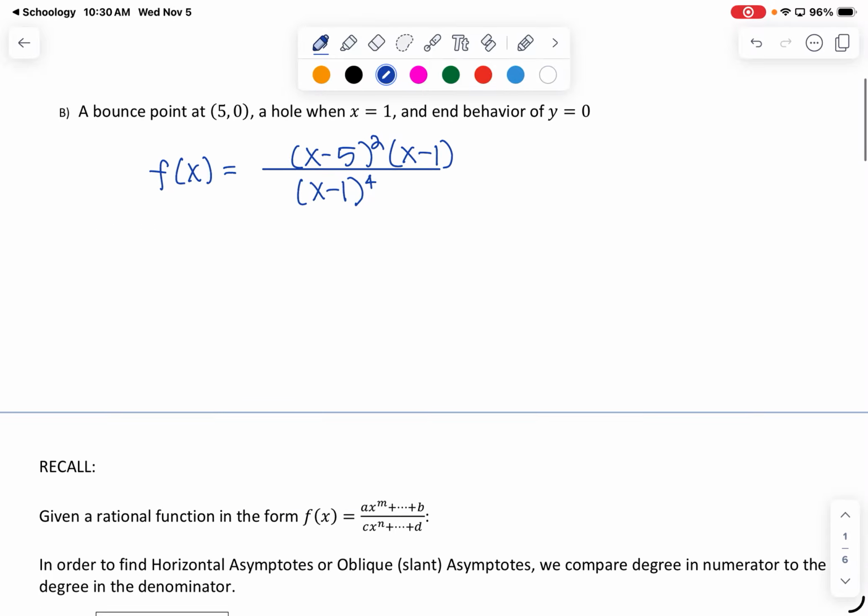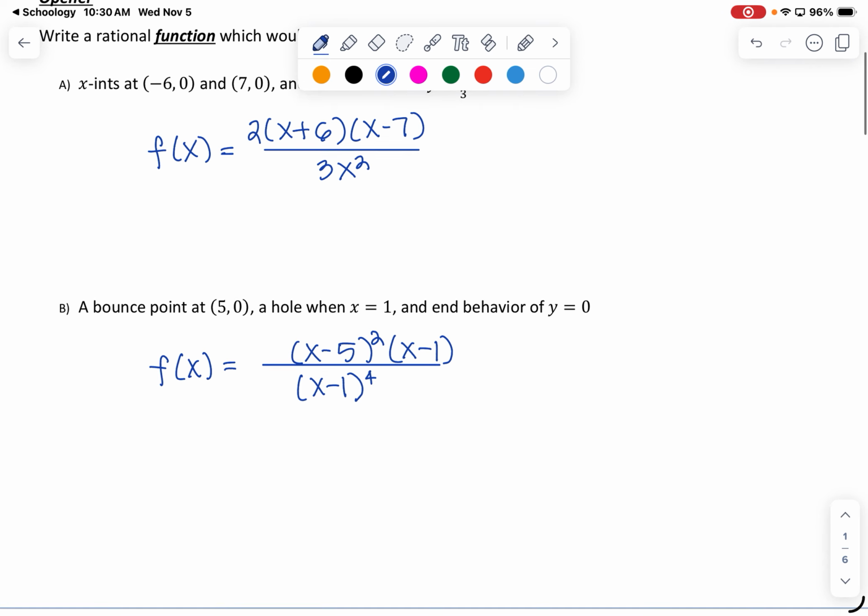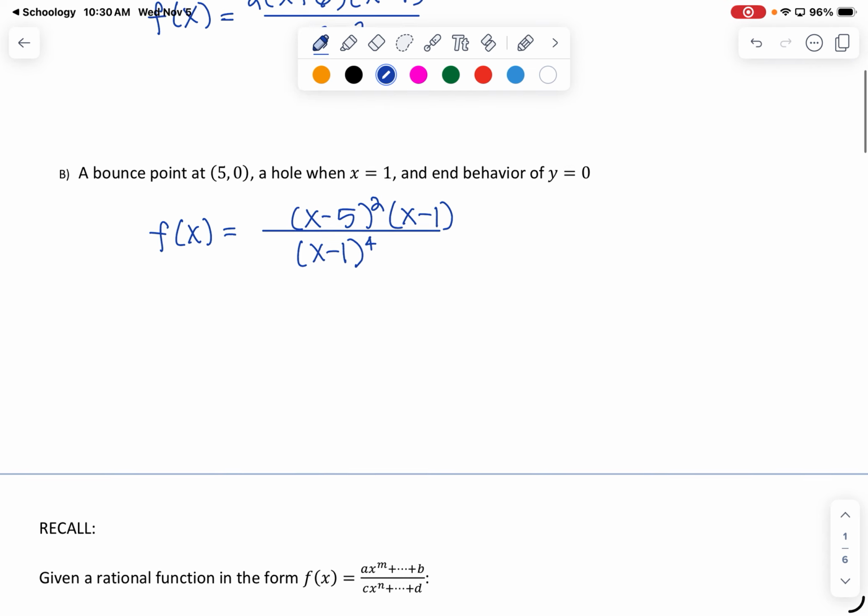This one here, and also notice please that I have f of x equals. You could have y equals, whatever equals, but you need to have a function. For B, same idea. There's a bounce point at 5, 0, so that would be your x-intercept that it's bouncing off of, so that's x minus 5 quantity squared.